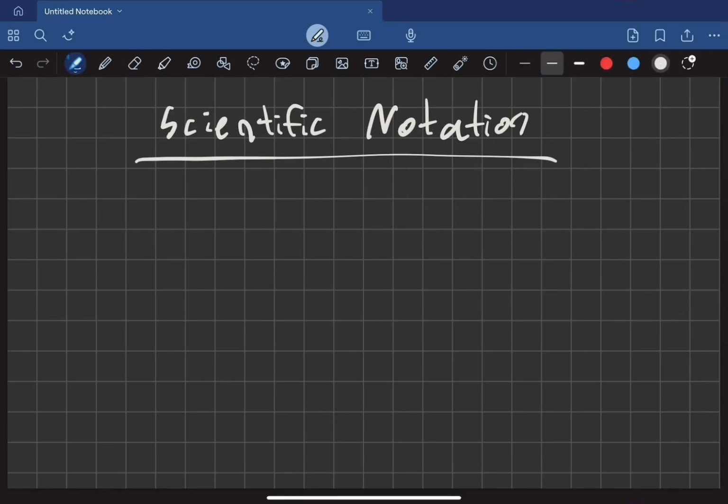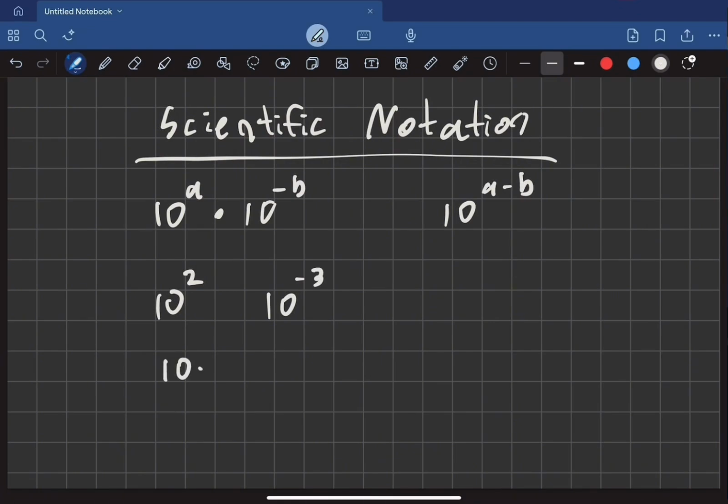Importantly as well, and similarly, if you had 10 to the a times 10 to the negative b, that's just going to be 10 to the a minus b. And why might that be? Well, if I had 10 squared and then 10 to the negative 3, all that's saying is 10 times 10 times 1 over 10 times 1 over 10 times 1 over 10.